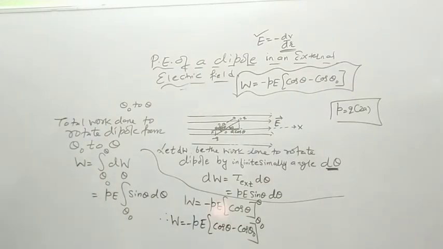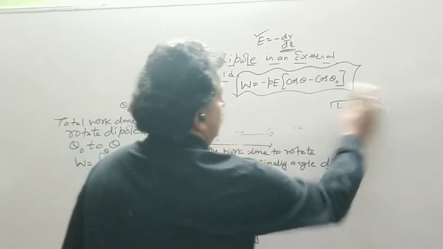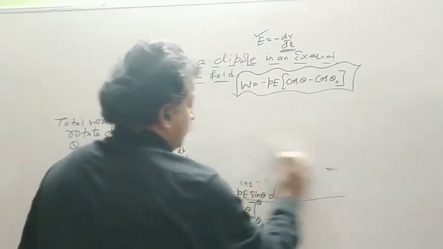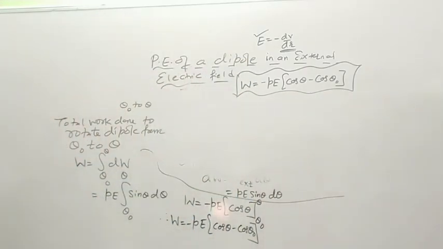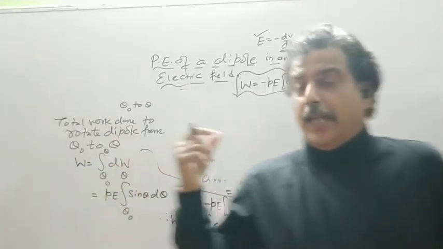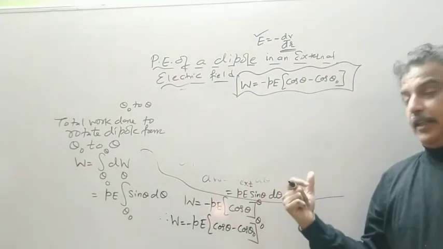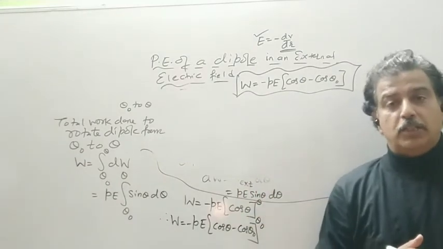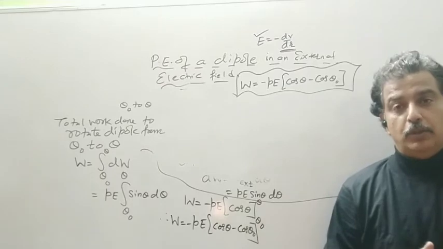So this is the work done to rotate a dipole. Now, as a natural choice, we have to always fix the reference angle, just as we have assumed that the potential at infinity is 0.